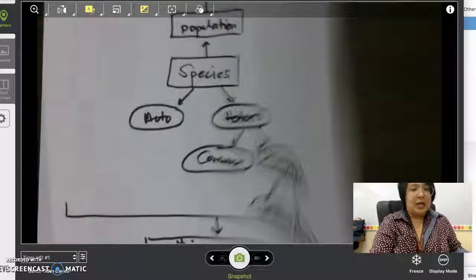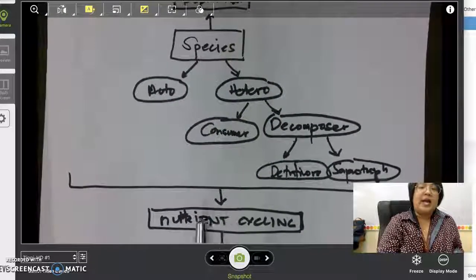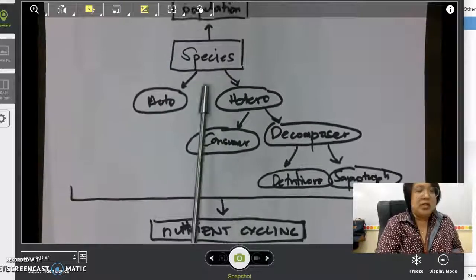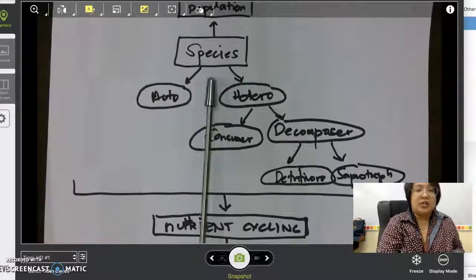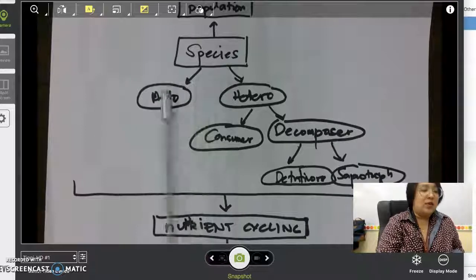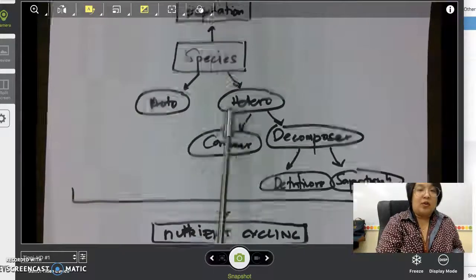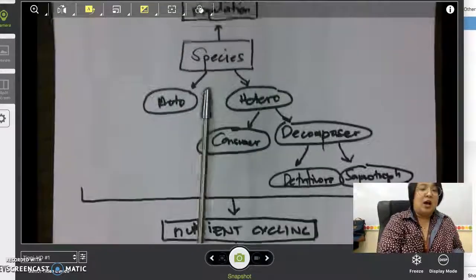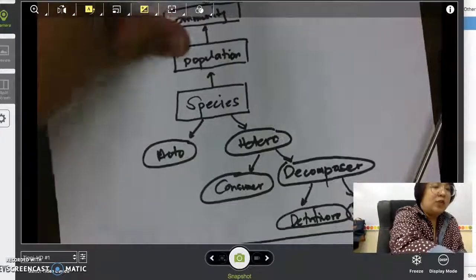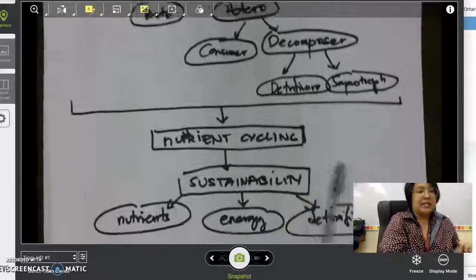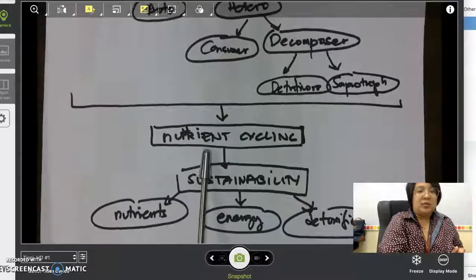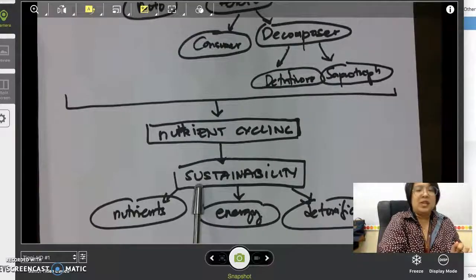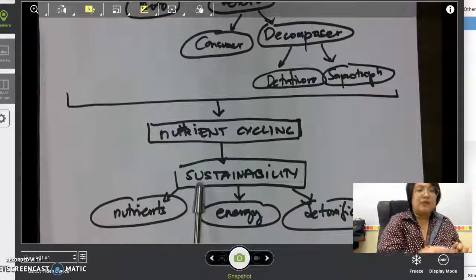So, next concept is, I highlighted the idea of interdependence in 4.1. Now, species are never in isolation. They always have to interact with each other or with their environment, the ecosystem. So those interactions ensure that nutrients can be cycled in the ecosystem, and it will lead to sustainability, which basically just means that the ecosystem is self-sustaining.